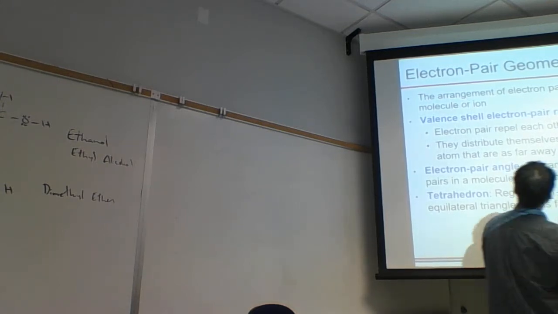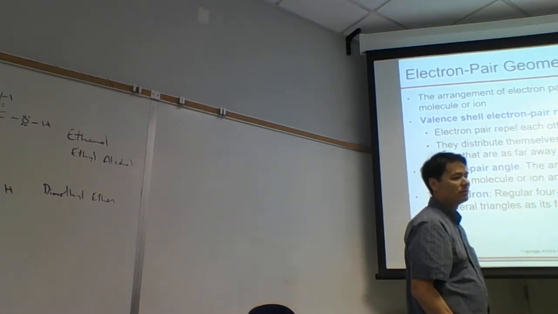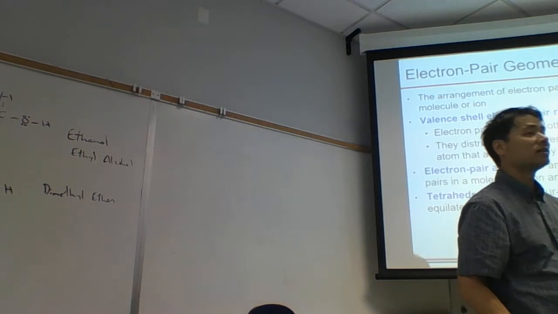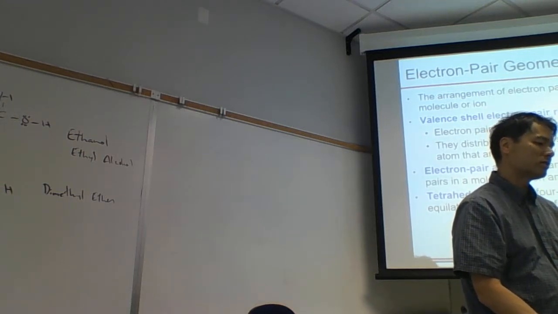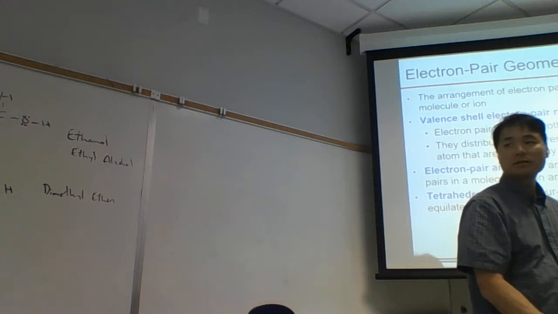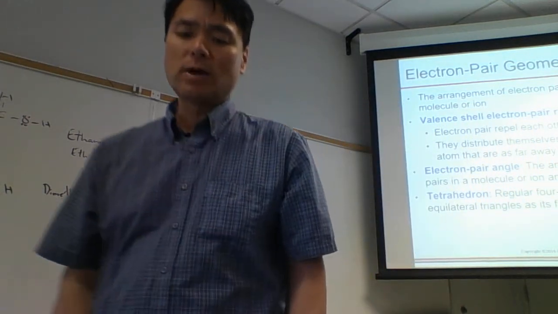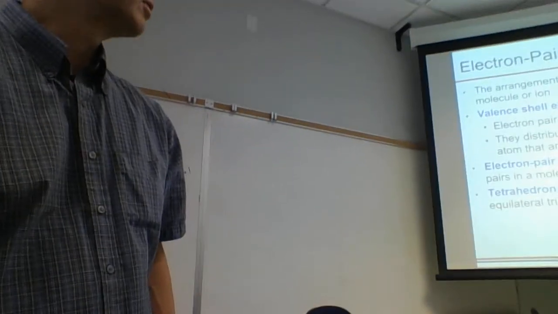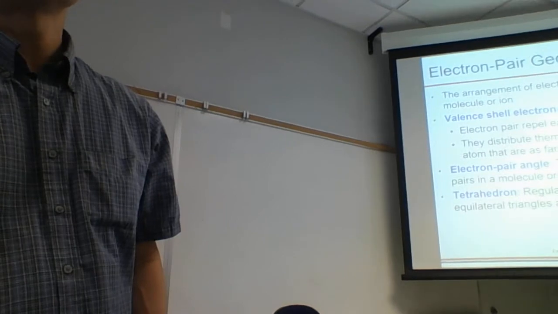V-S-E-P-R stands for valence shell electron pair repulsion theory. In other words, we're just looking at the Lewis structures and trying to extract what the 3D structure is based on the Lewis structure. Lewis structures come from quantum mechanics. And so this is kind of like applying quantum mechanics in a non-rigorous way. It's not totally rigorous. If we applied quantum mechanics in a rigorous way, it spits out the structure.